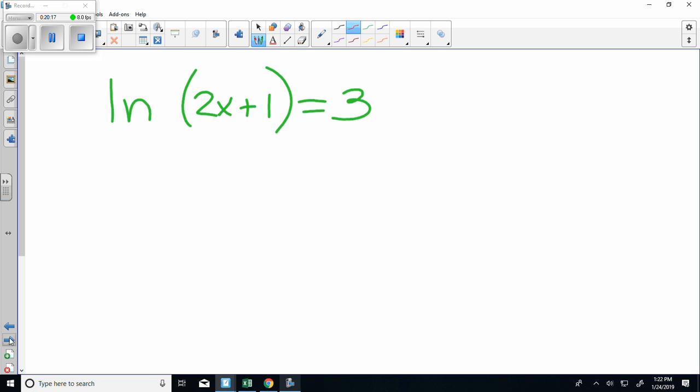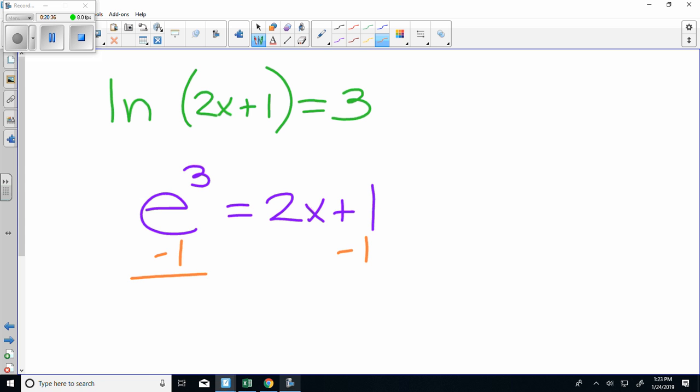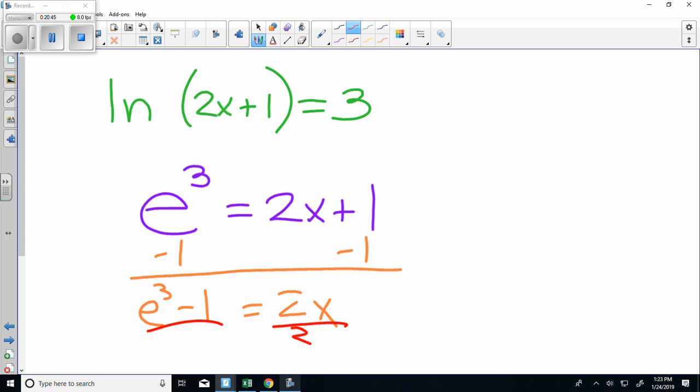All right, so here we have ln of 2x plus 1 equals 3. When you see ln, what's your base? It is e. So e to the third equals 2x plus 1. Then we solve this by subtracting 1 and get 2x equals e to the third minus 1. And then we divide by 2.